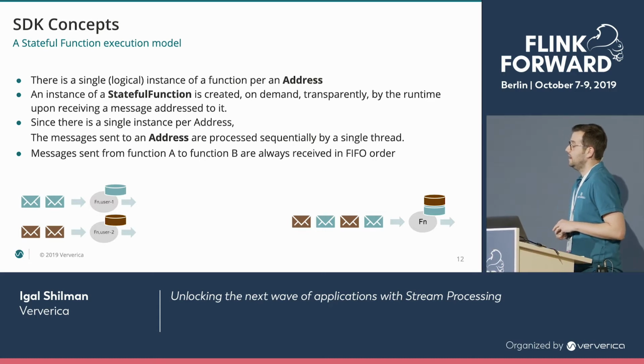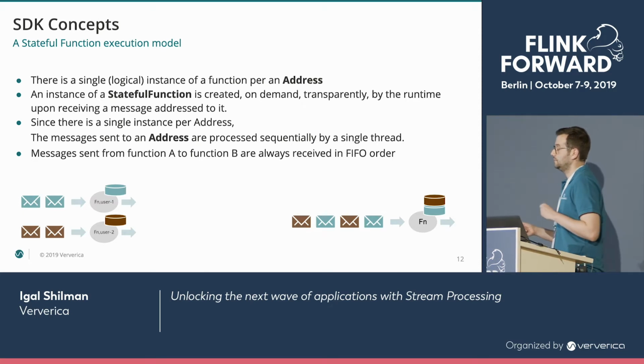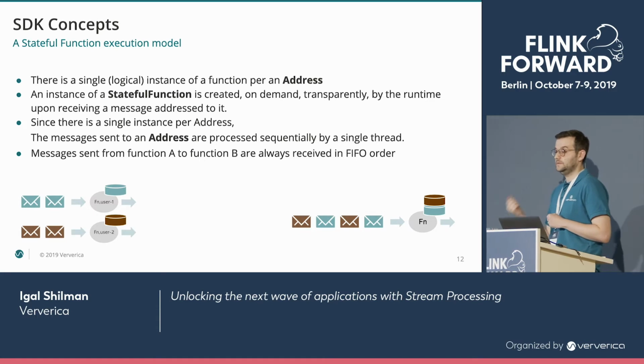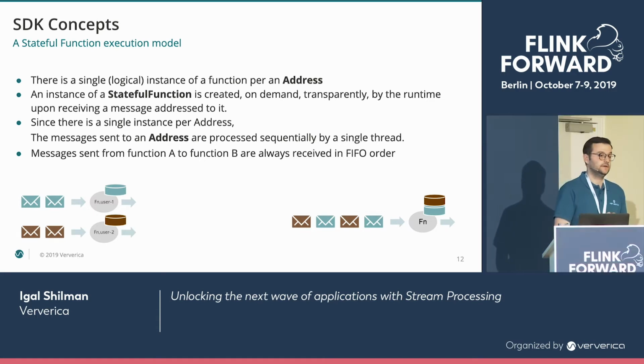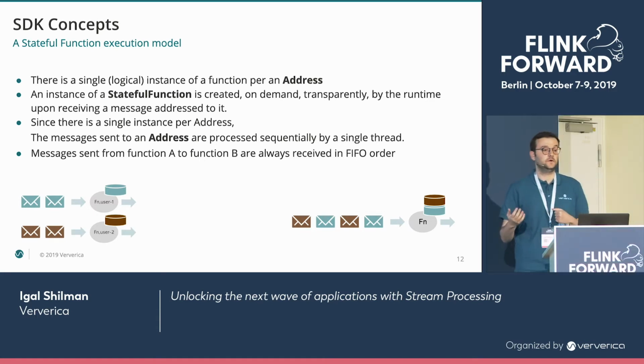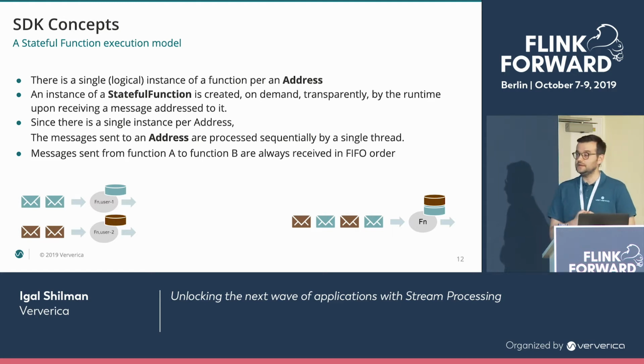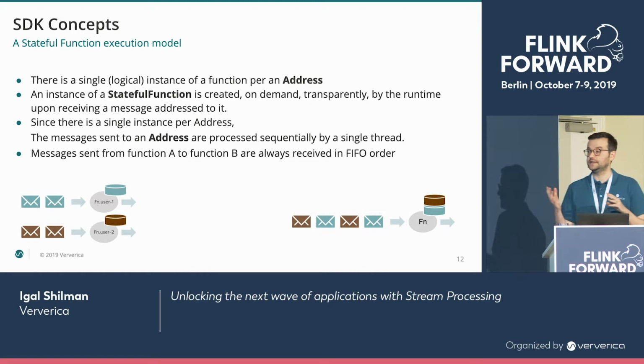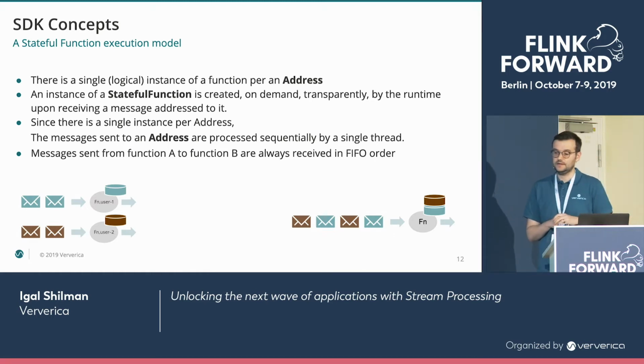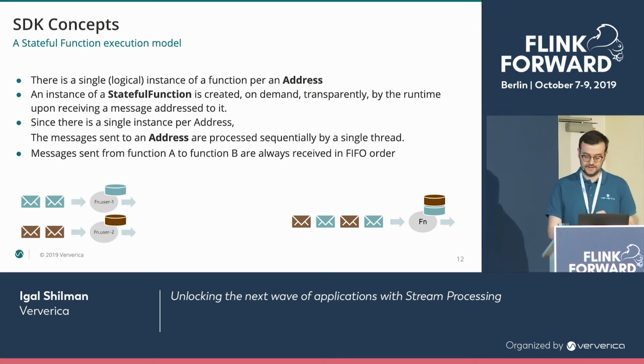Another important property is that if you send messages from function A to function B, you can assume they arrive in FIFO order. This is very important if you're writing protocols or implementing a state machine. You don't have to deal with out-of-orderness inside your protocol, which can get really tricky quite fast.